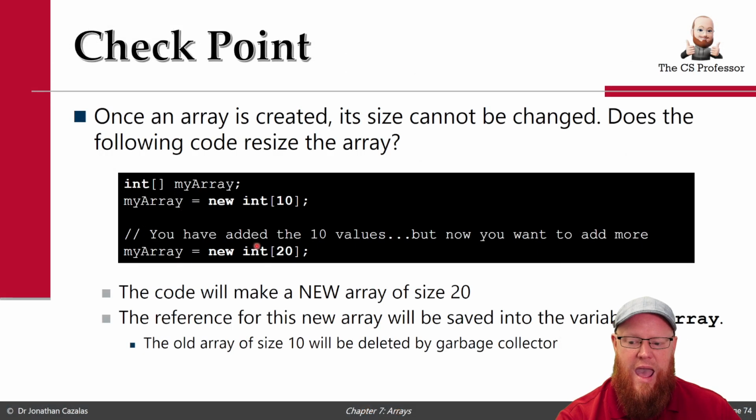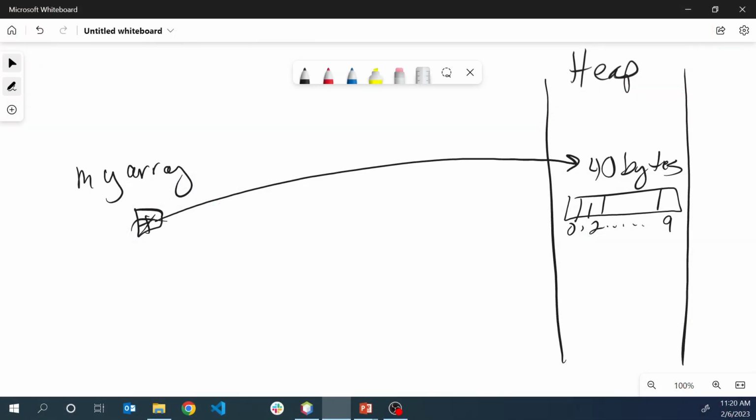But then, after we have this line of code right here, what happens? Look at the assignment. Start at the right side. Remember, our eyes should always start at the right side. This says make a new int array of size 20. So now we're going to have 80 bytes from index 0, 1, all the way up to index 18, 19, right?